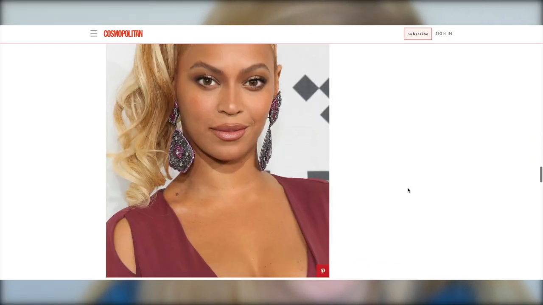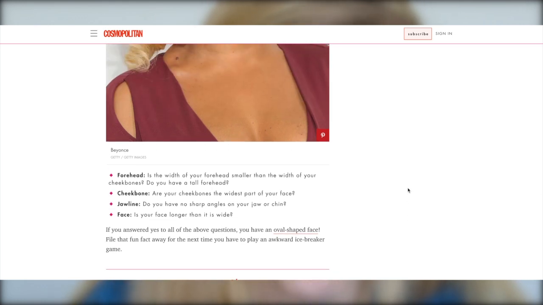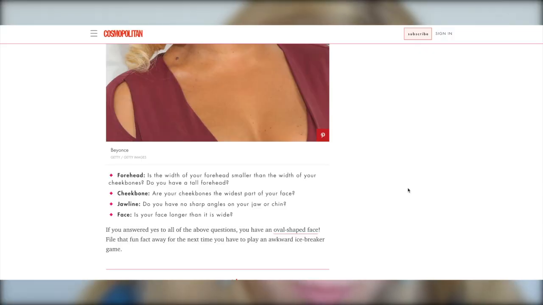The oval face shape. Is the width of your forehead smaller than the width of your cheekbones? Yes. Do you have a tall forehead? Yes, I think so. Are your cheekbones the widest part of your face? Yes, they are. Do you have no sharp angles on your jaw or chin?